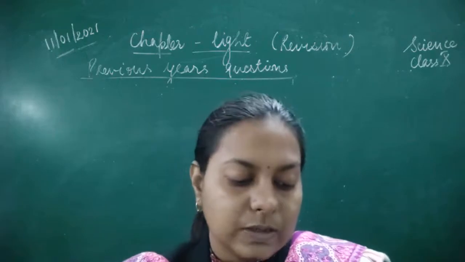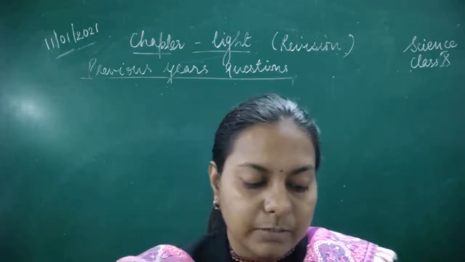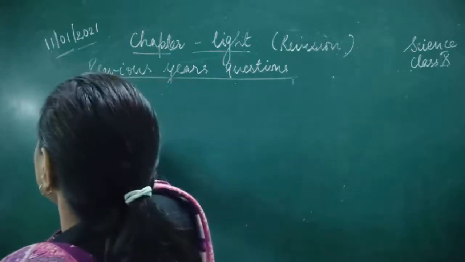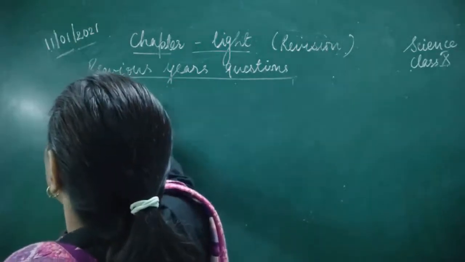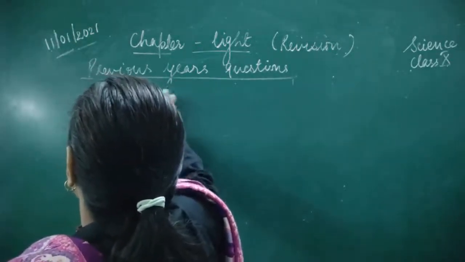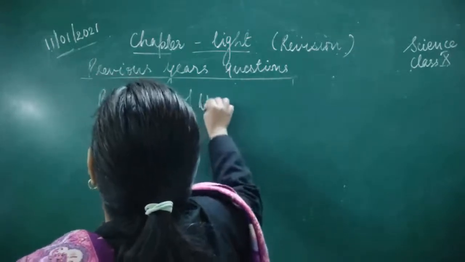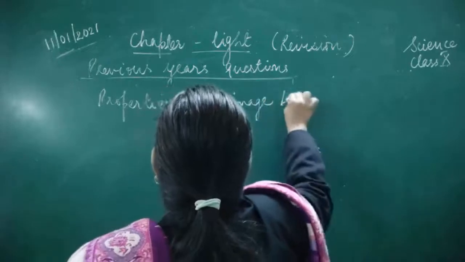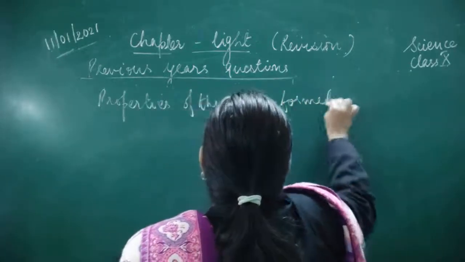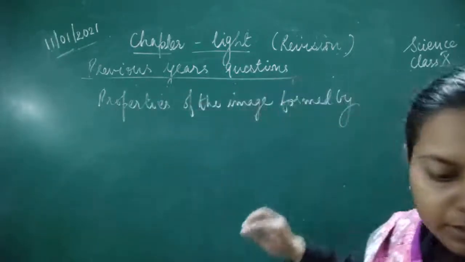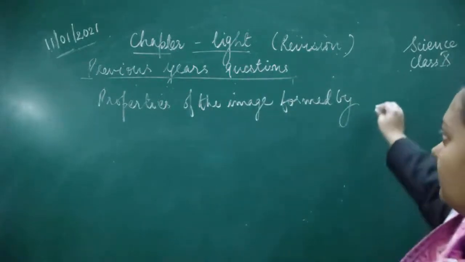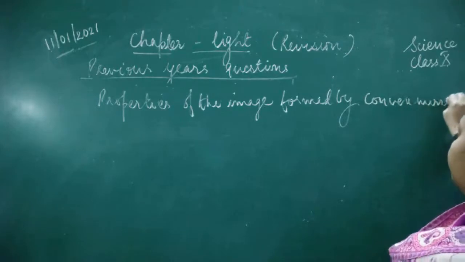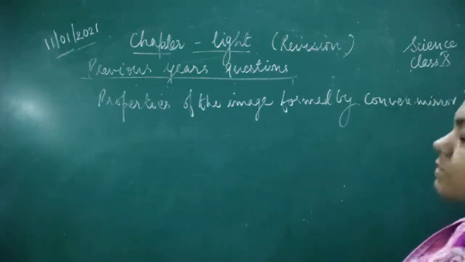Now the next question is list 4 properties of the image formed by the convex mirror. So you have to write down the properties of the image formed by the convex mirror. Okay, so what are the properties?